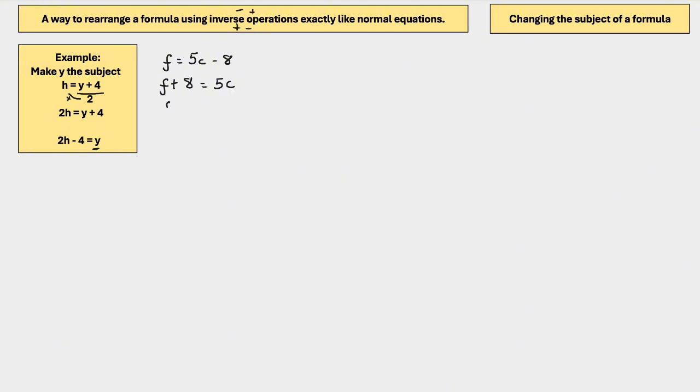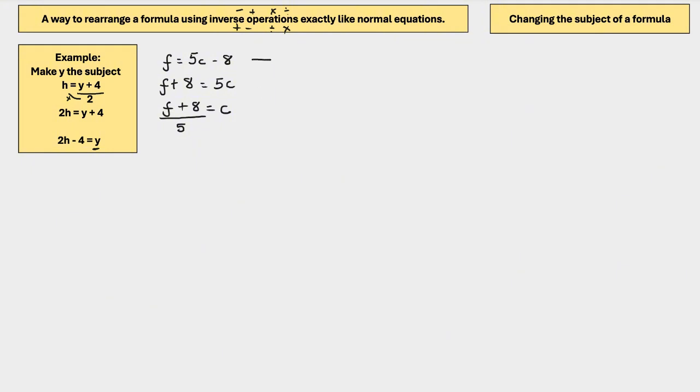So now we're going to have F plus 8 all over, divided by 5, equals C. So now we've got C on its own. That's it, that's your answer. So remember your inverse operations. I should have put there: if it's a times, you divide, and vice versa. Got to remember them. They're really important.